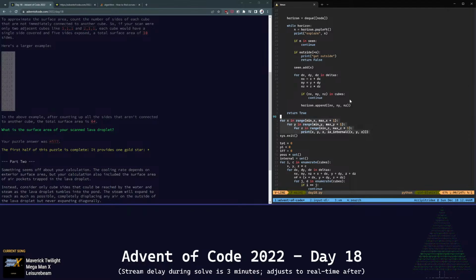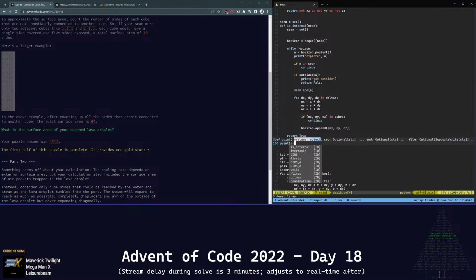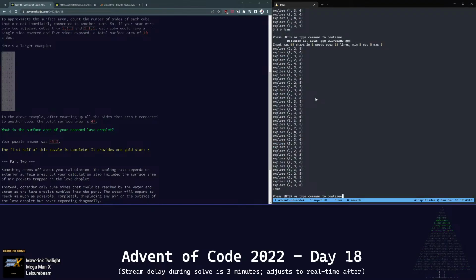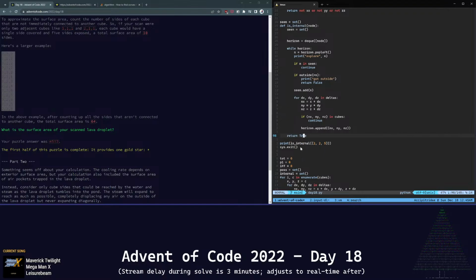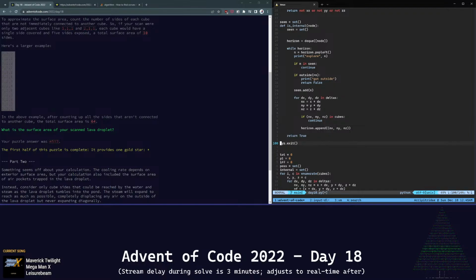Because open face implies a cube. Okay, I see. Though I don't understand why 225 isn't... Okay, it is giving is internal, but then like, oh wait, no, of course, the rest of these things will be external faces, I guess.